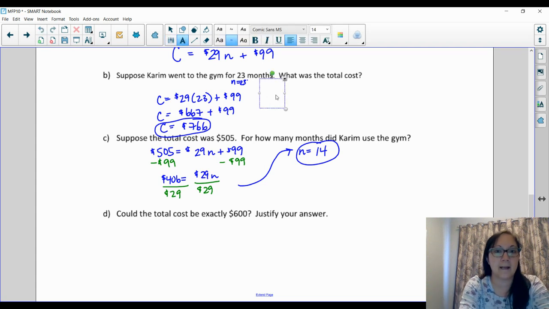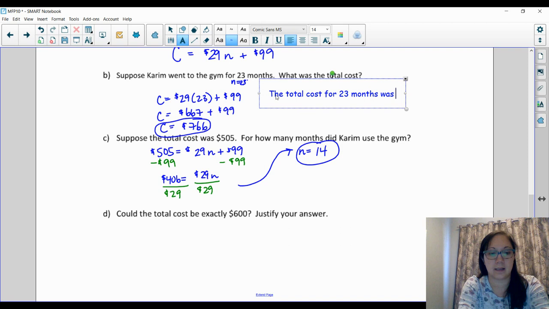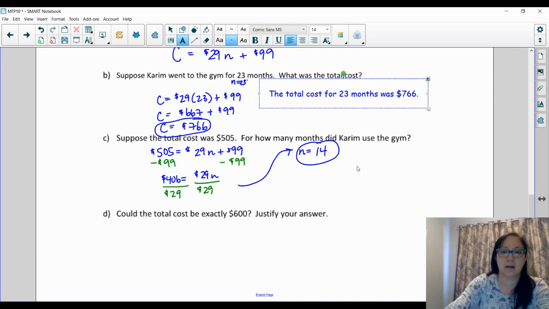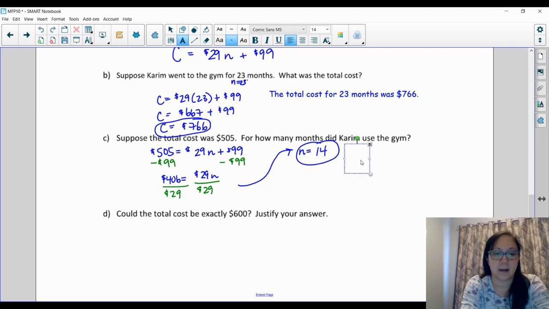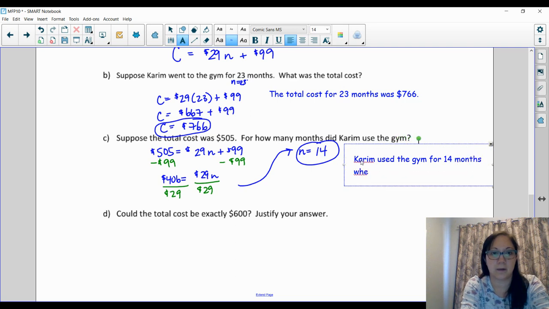So back to part B, the total cost for 23 months was $766. And here our sentence would be, Kareem used the gym for 14 months when it cost $505.